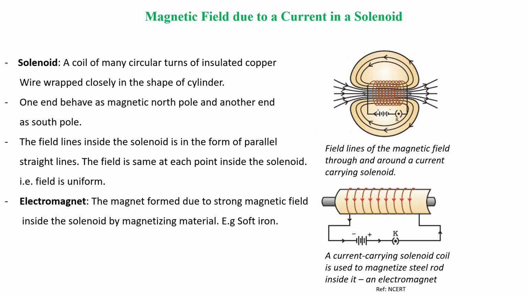First we need to see what the solenoid is. In this diagram, this structure is the solenoid, in which many circular turns are wrapped to form a cylindrical shape, and all these copper turns are insulated. So if two copper turns touch each other, it will not be like a short circuit. They have some coating, due to that it is insulated.